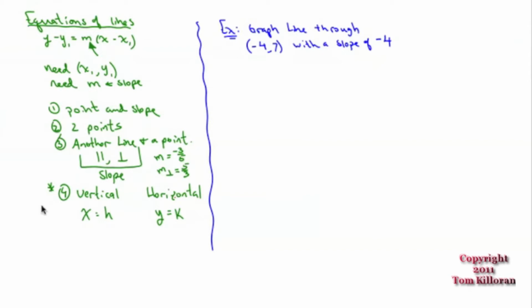And I'm not going to make a huge picture of this because I want to do something else with it while I'm talking about it. So if I want to graph a line that goes through a single point with a specific slope of -4, what's the first change you want to make? What do you need to change to make life a little bit easier?